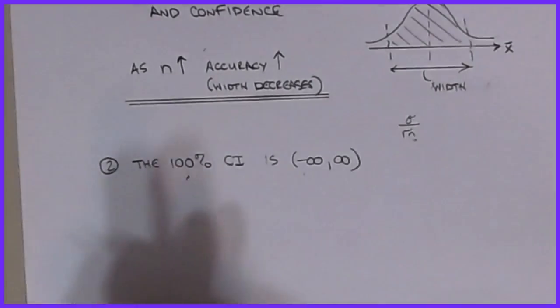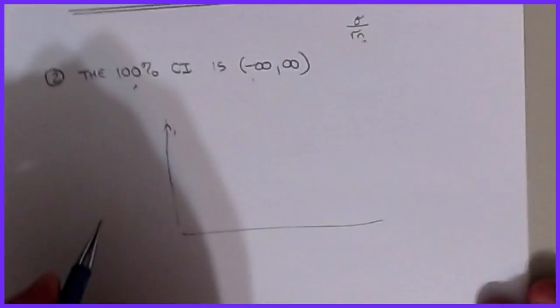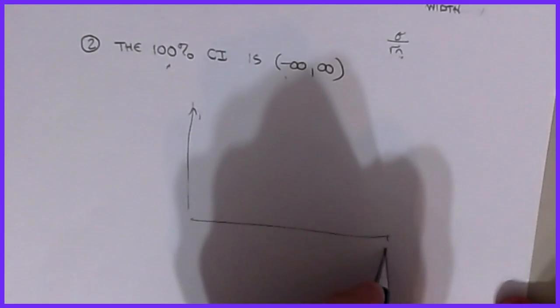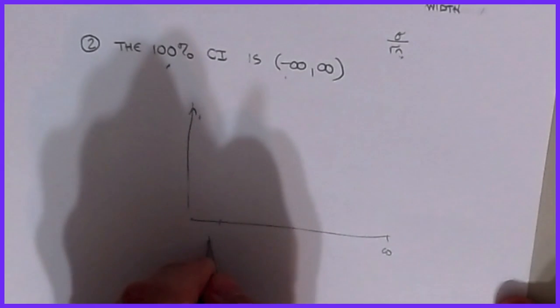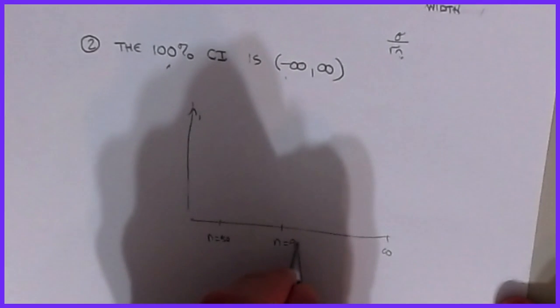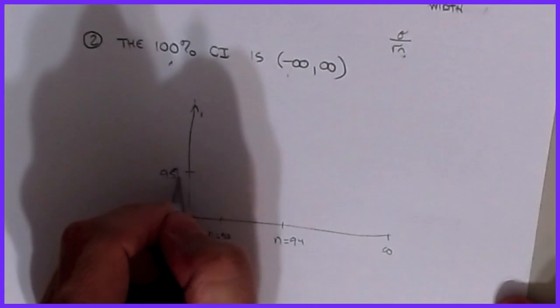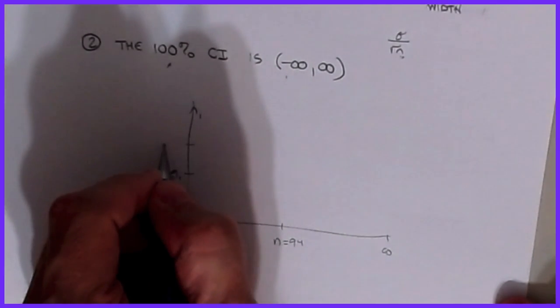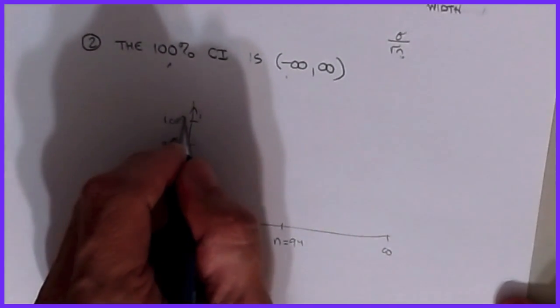So if we plotted my confidence interval on here, here's infinity, here was n equals 50, here's my n equals 94, that got me to 95%, this got me to 98%, and this got me to 100%.